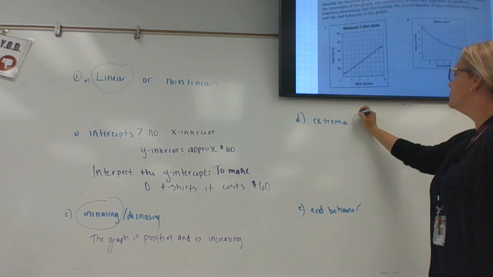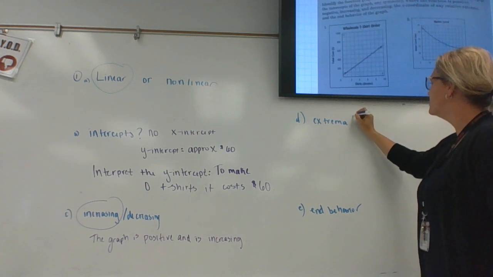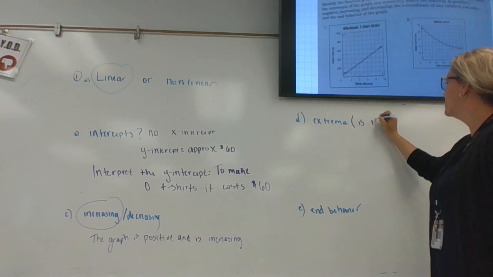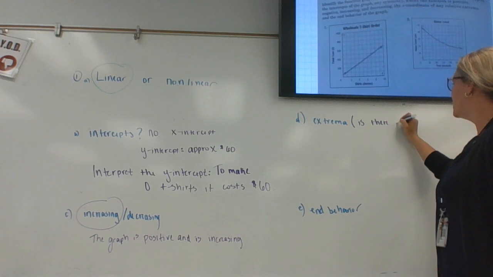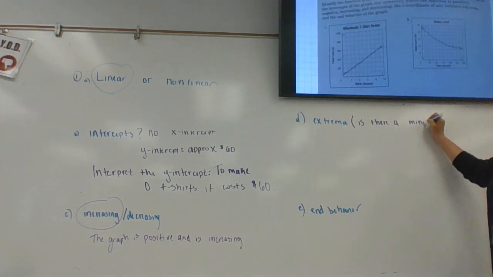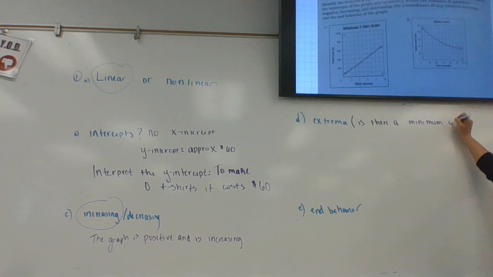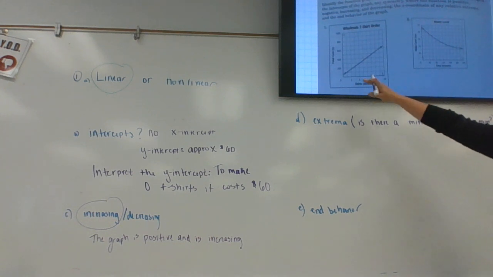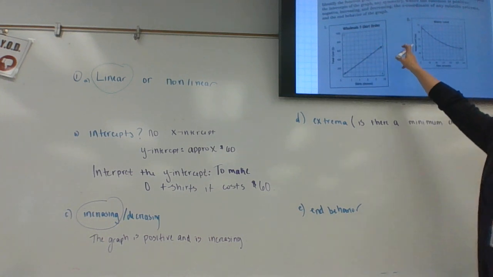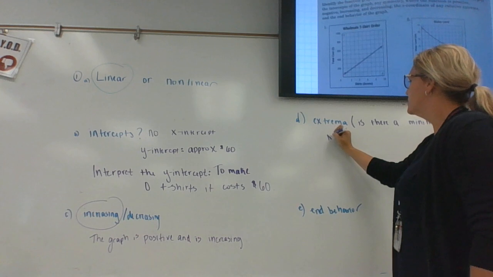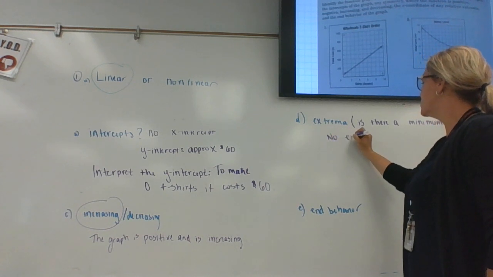This is the minimum or a maximum. So I need to clarify that for you. Is there a minimum or a maximum? For this graph, there's not. The arrow here means it goes on forever. So I would say there is no extrema.